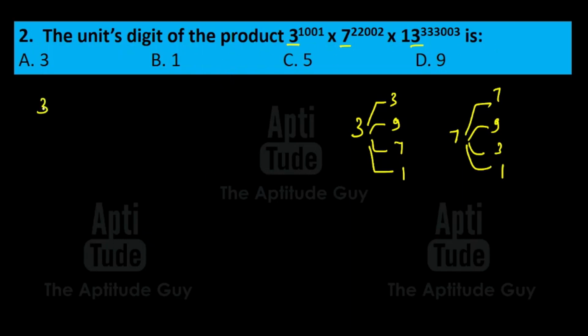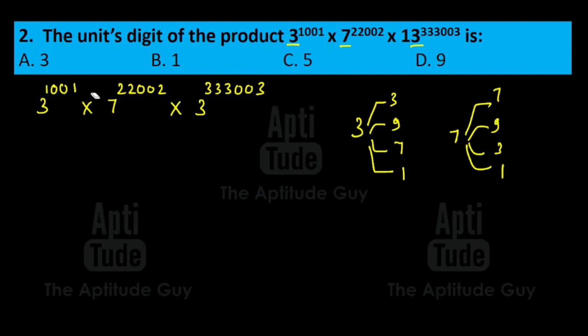We have 3 to the power 1001 into 7 to the power 22002 into, do we need the entire 13 over here? No, this 1 is useless. We directly deal with 3. So 3 to the power 333003. Now when it comes to the powers, do we need the entire power? 3 and 7, both of them have power cycles of 4 terms.